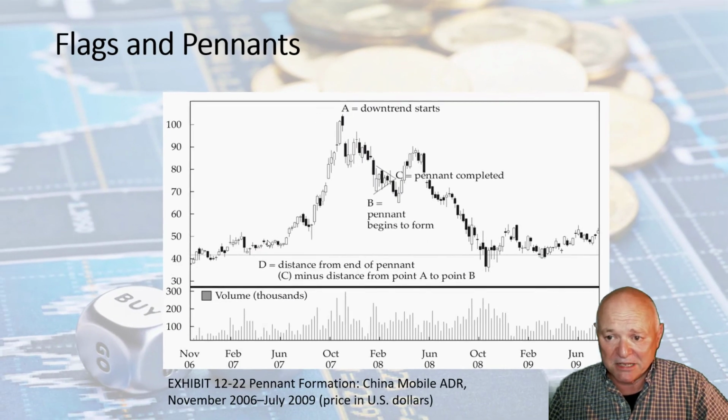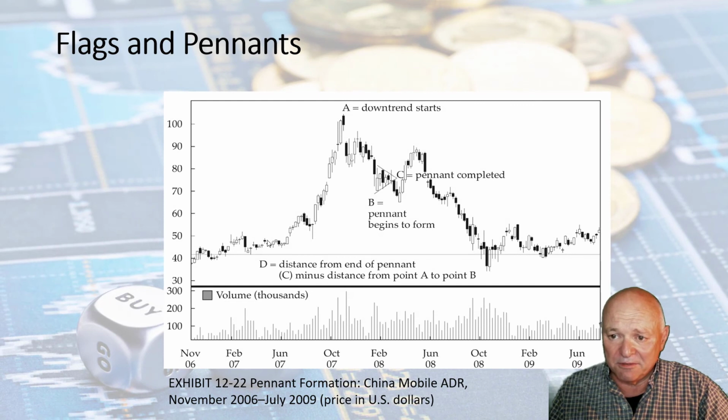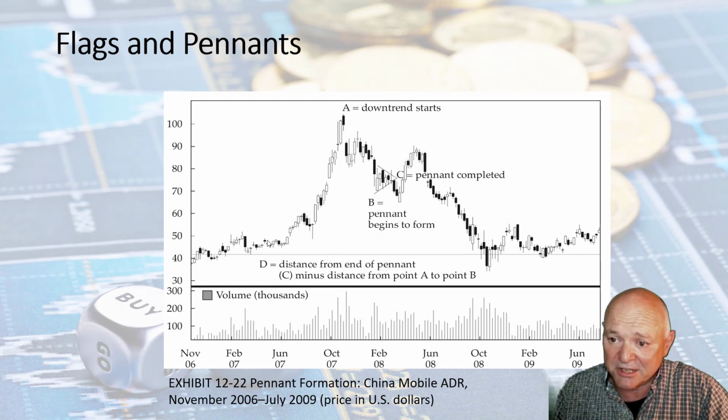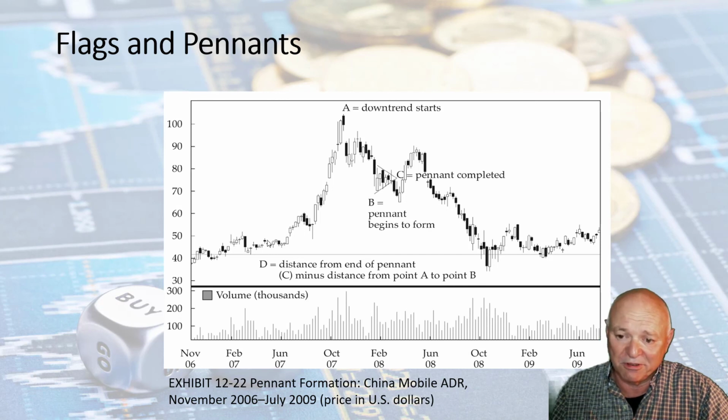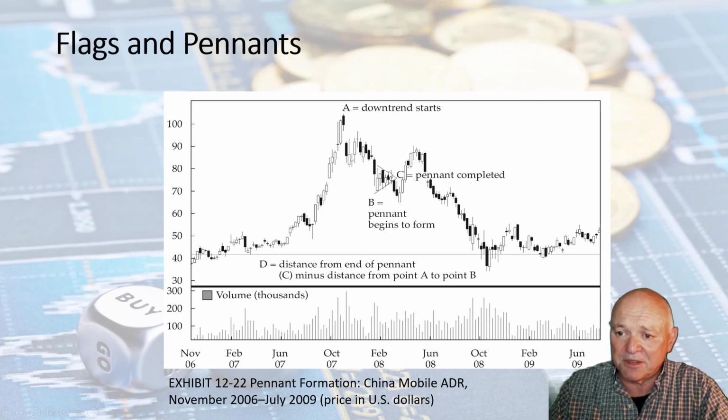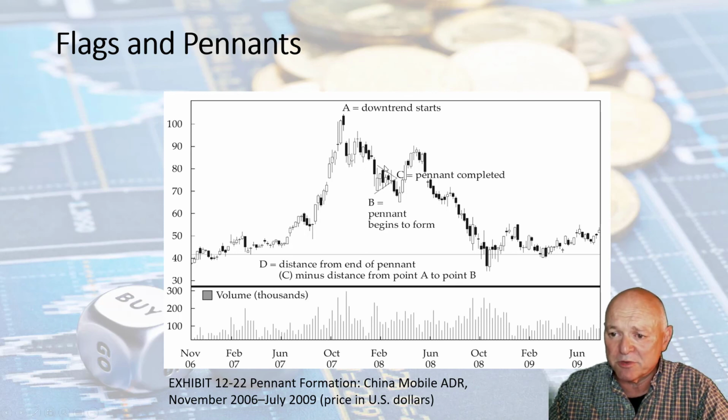And with flags and pennants, essentially the only difference is that we have converging support and resistance lines.